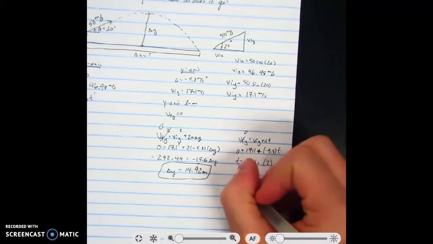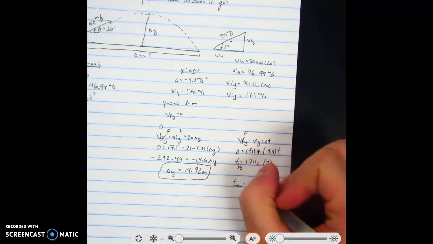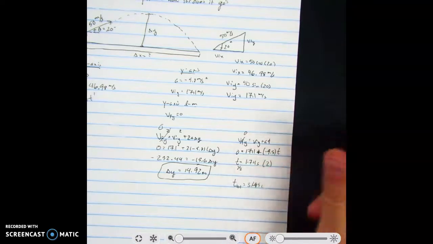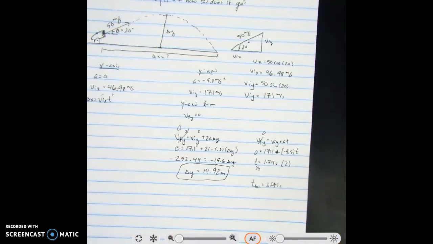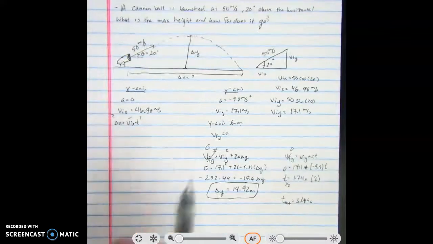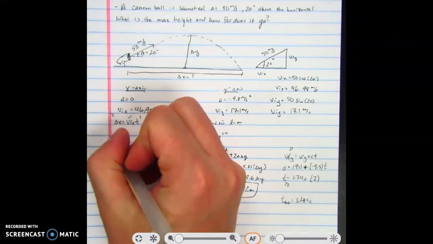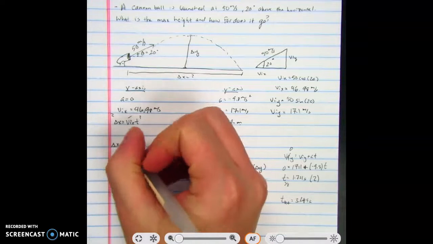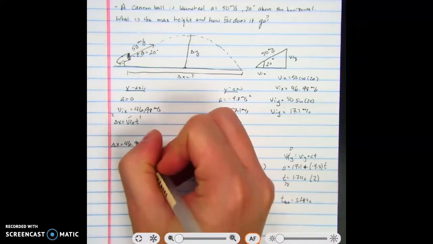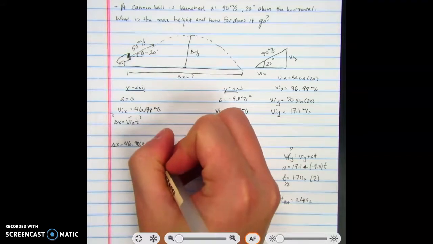And my t total is equal to 3.49 seconds. So I now have my total time. I can now use this equation, so I can go delta x is equal to 46.98 times 3.49.